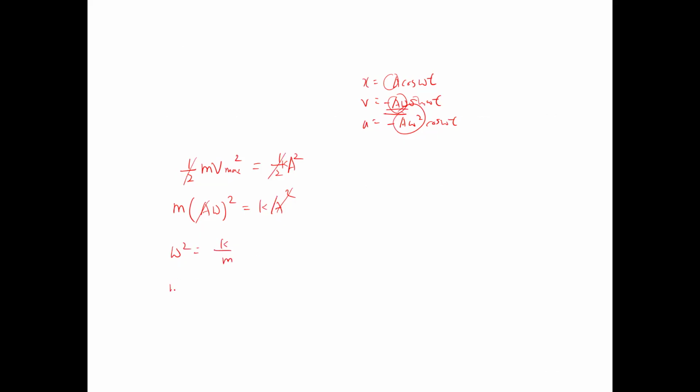So your omega is root k over m, and this is again 2 pi over t, or 2 pi f. So you can express omega, period t, and frequency f with root k over m.